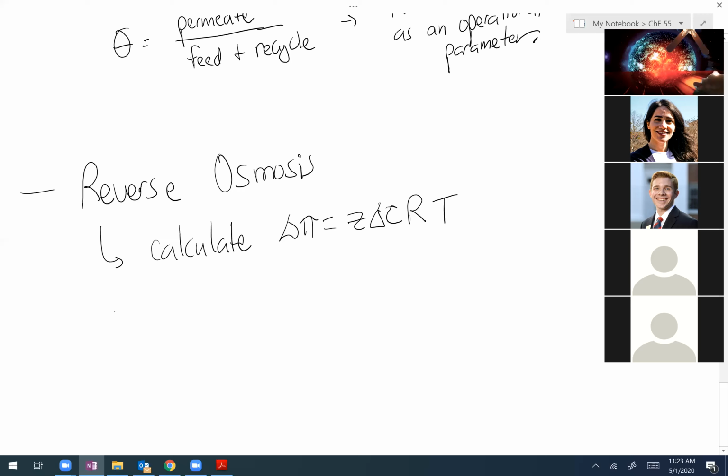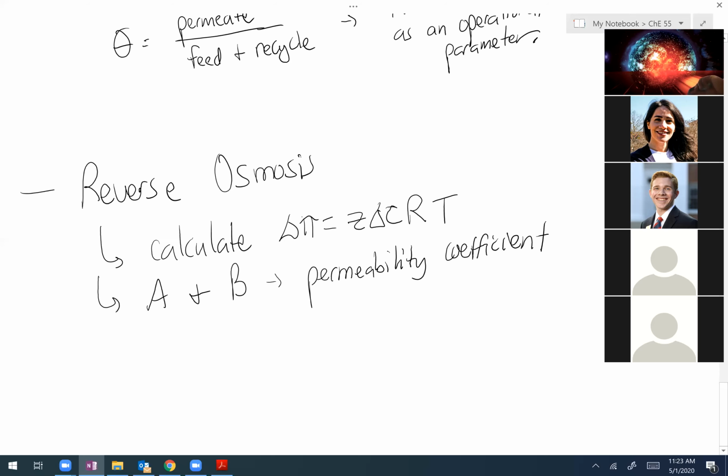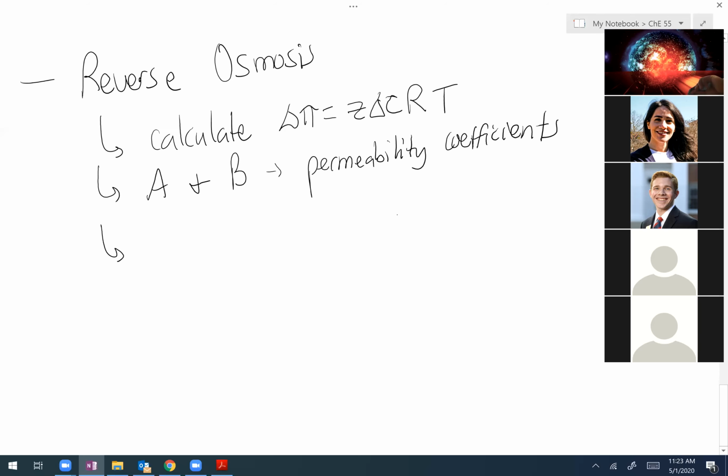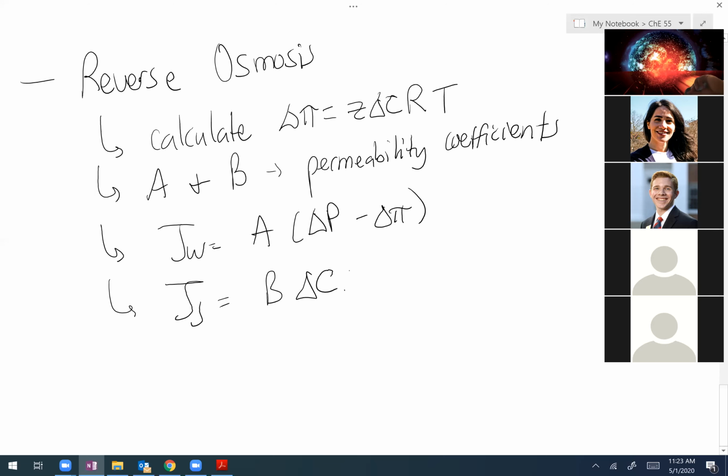And we talked about, I'm trying to think what else, our A and B parameters, permeability coefficients. And when we looked at water flux, which is A times delta P minus delta pi, and for our salt flux, which was B delta C, or I should say C J naught minus C J L. And of course, we had rejection.